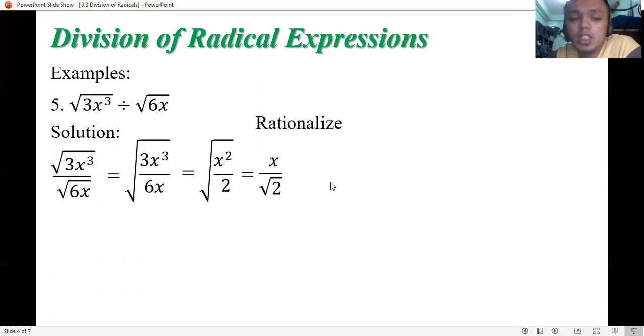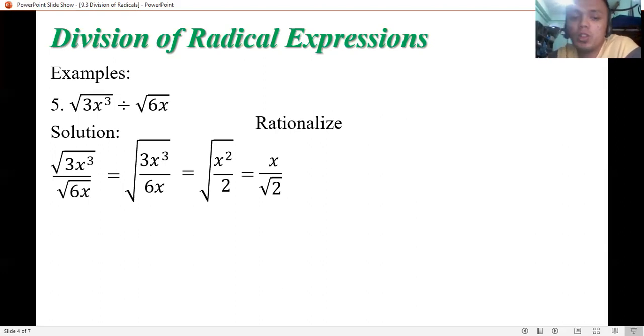To rationalize, we look for a term we can multiply with the square root of 2 so that we can remove the radical sign. So the first thing to do is to multiply it by itself, just like what we did in multiplication. Remember, I had an example where square root of 7 times square root of 7 is equal to 7, because the radical sign is removed, since 7 times 7 is a perfect square.